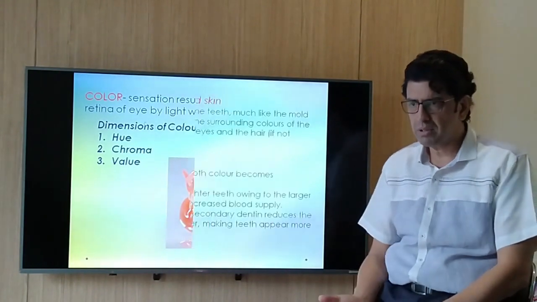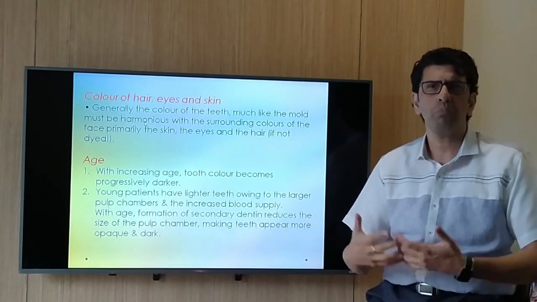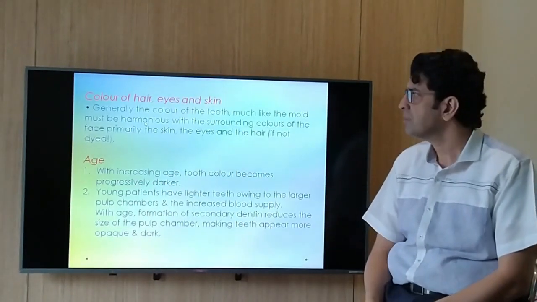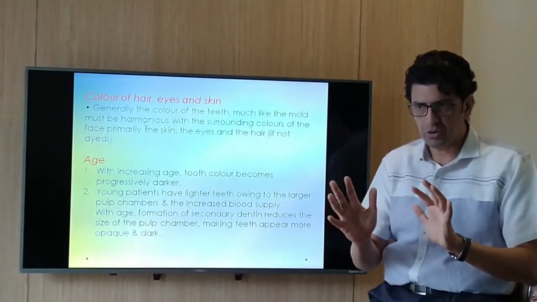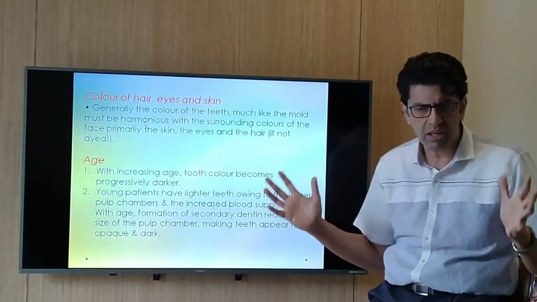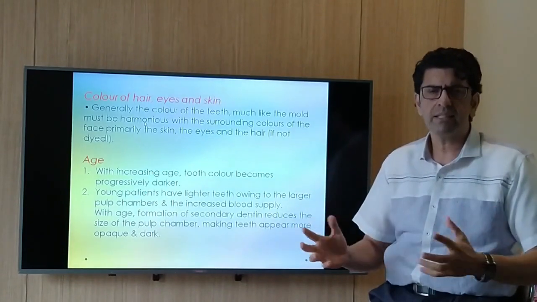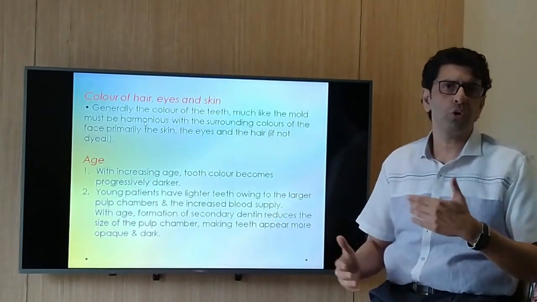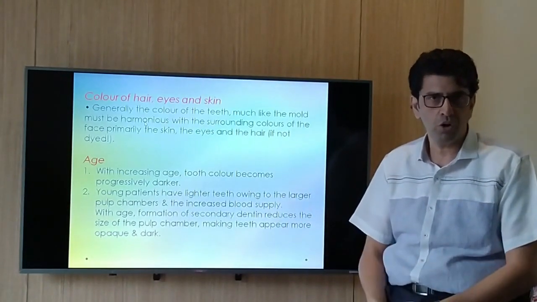Now, as far as complete dentures are concerned, there are a lot of proposals to use the hair, the eyes, the skin. Generally, the color of the teeth must, just like the mold, be harmonious with the rest of the face, the surrounding colors, primarily the skin. The eyes and the hair also have some role to play, even though with contact lenses and hair dyeing, you can always change all of that.